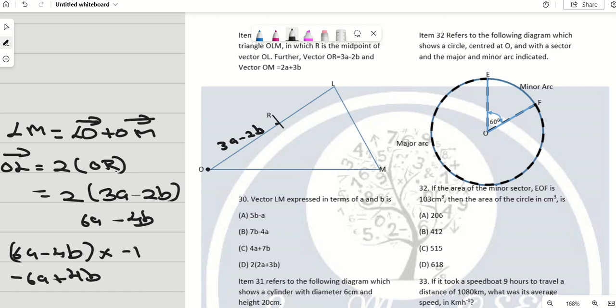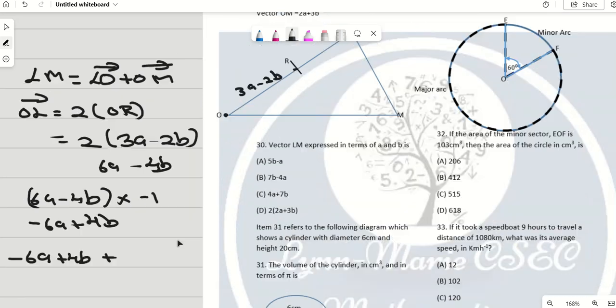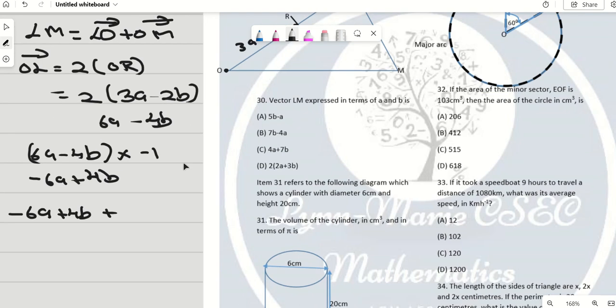So that's LO, and they already told you what OM is, which is 2A plus 3B. So this is going to be minus 6A plus 4B plus 2A plus 3B.